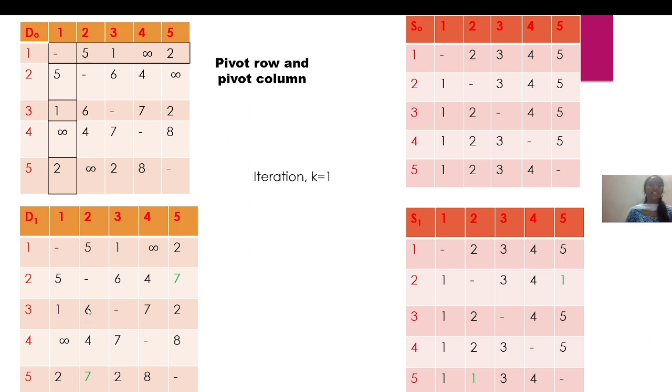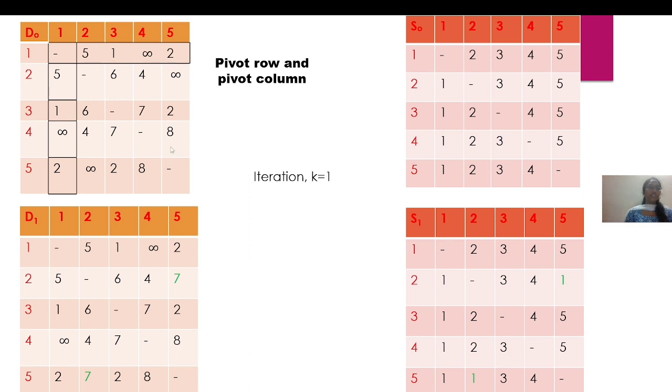So 6 is written in the same form. Diagonal entries are not checked. Then 1 plus infinity gives infinity, which is greater than 7. So there is no change. 7 is written. Then 1 plus 2 is 3, which is greater than 2. So 2 is written. So in the S1 matrix, the same entries will be carried from S0.